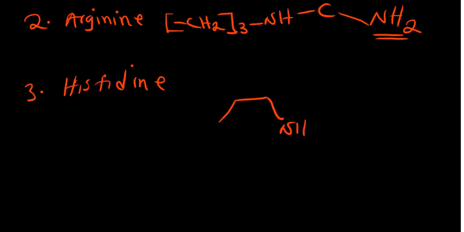Then here we have N. There's a double bond. Here there's also a double bond. CH2 like this. So this is also a basic amino acid because of the NH here. Yeah, so that's where we end with the classification of amino acids.